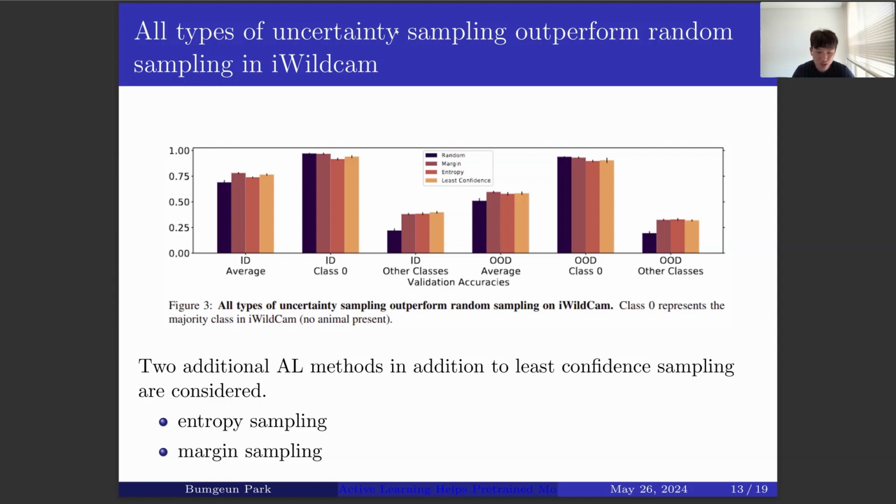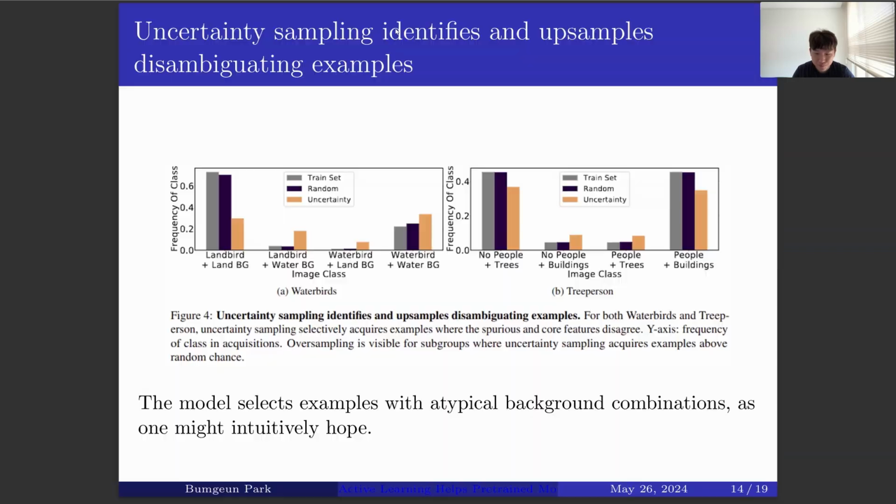Here, two additional active learning methods in addition to least confidence sampling are considered. We find that all types of uncertainty sampling methods are effective on most datasets except ID class 0 and OOD class 0. This is because the ambiguity in this dataset is less than in the others, so there is no need to employ uncertainty sampling.